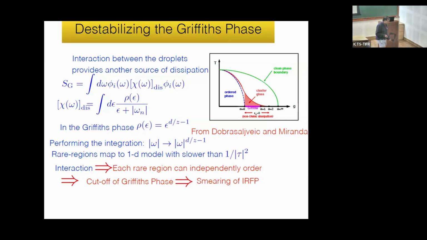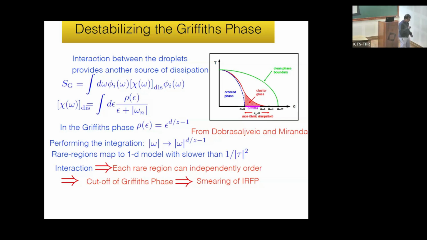So there is one more aspect of dissipation that comes into being, and it comes from the long-range nature of the interaction playing with the rare regions. If you take that into account, then the mod omega term that comes from the Landau damping gets renormalized and becomes mod omega to the power d by z minus 1.